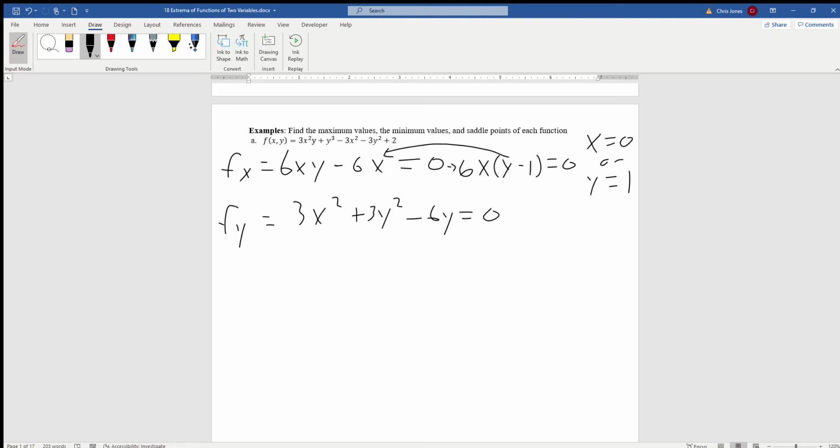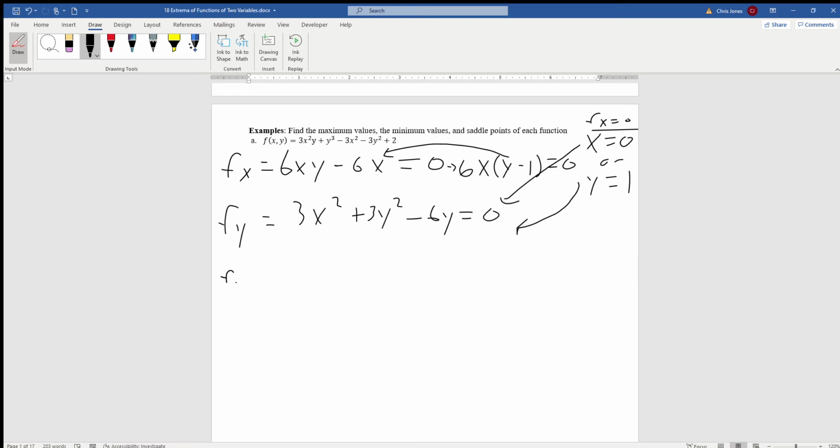What we have to do is take 0, substitute it back into fy for x, and then, in a different step, substitute 1 back in for y. We already know that these satisfy fx. So fx equals 0 when those two are true. Now let's substitute those back into fy and see when that's true.